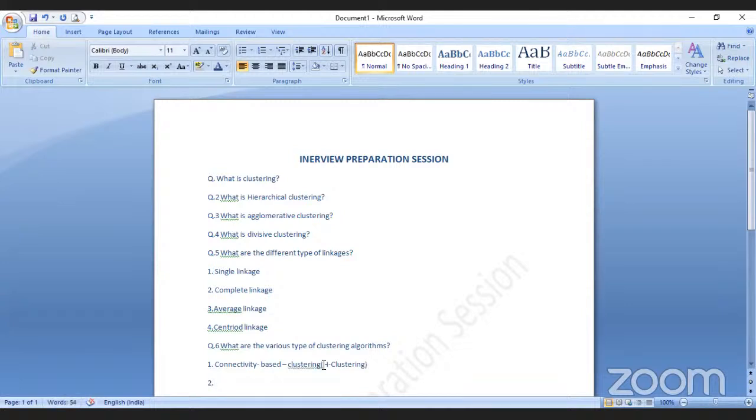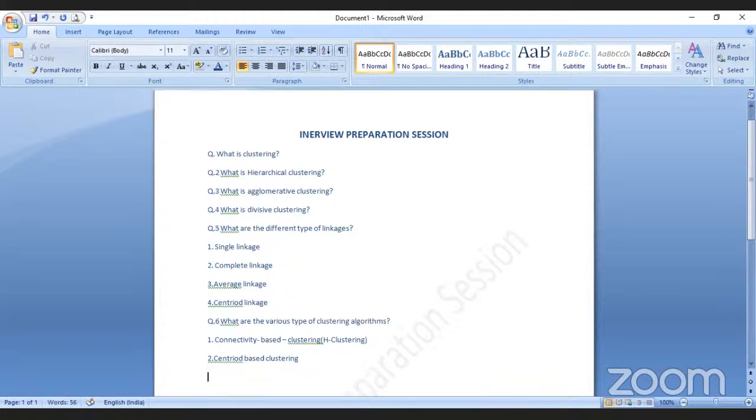Then after that, centroid based clustering is also called the partitioning method.